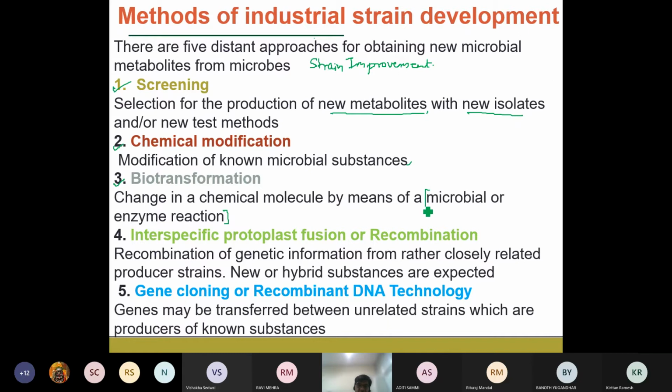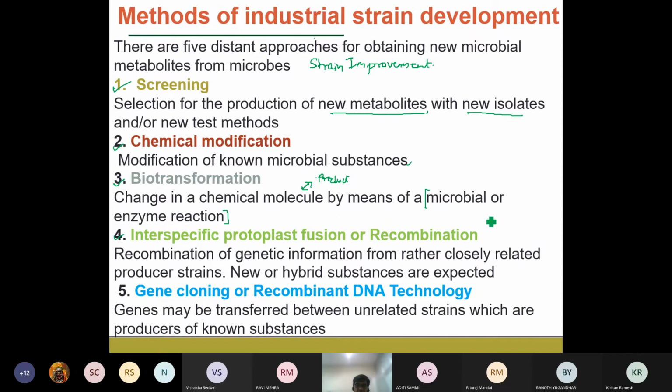So if you have some particular chemical molecule, onto which the enzymes that are released by the microbes can act, or the microbes can themselves act as a catalyst and then convert a particular chemical molecule to some value added products. Okay, so in that case we have the biotransformation. Then point number 4, which is the interspecific protoplast fusion or the recombination.